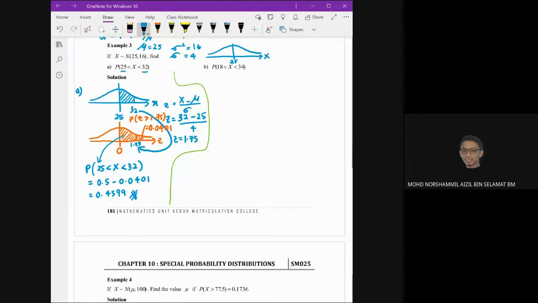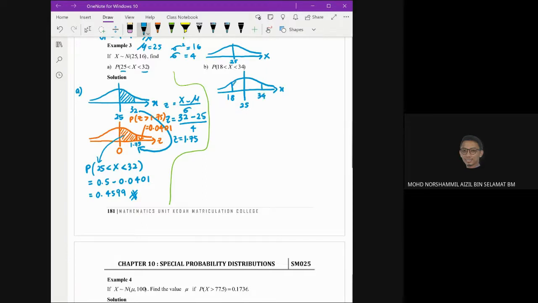So part B, the idea of the X distribution will be the X bell shape. In the middle will be 25, because in the X bell shape the middle must be mu. So 18 is here, you see? 18 here. 34 is here.